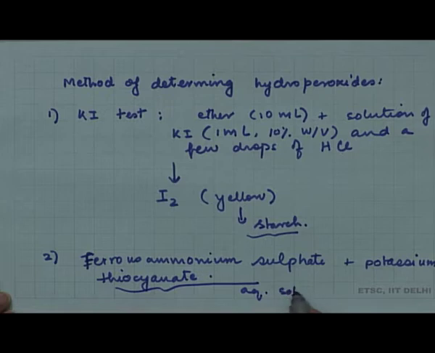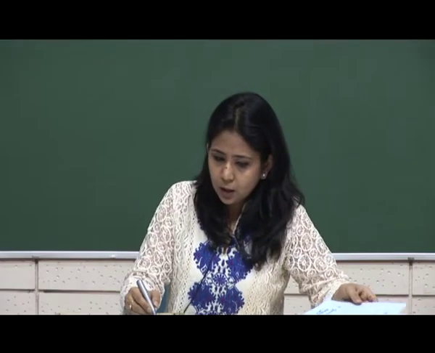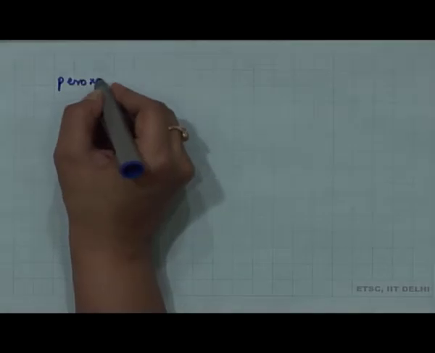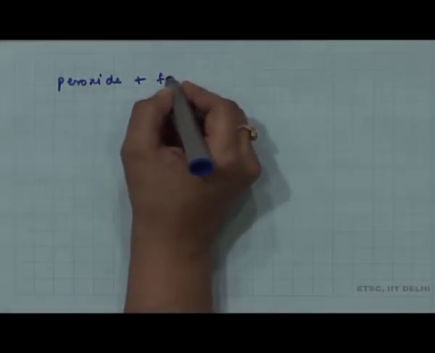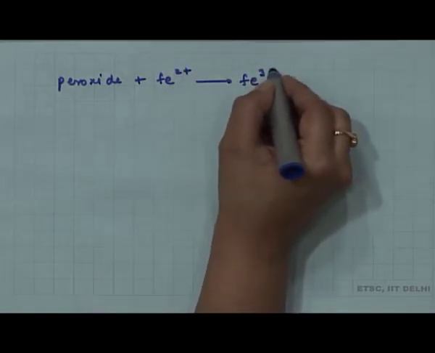When you do so, the peroxide reacts with the ferrous ions and oxidizes them to ferric.